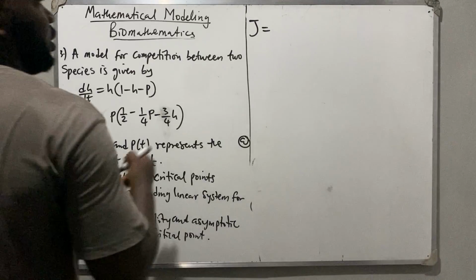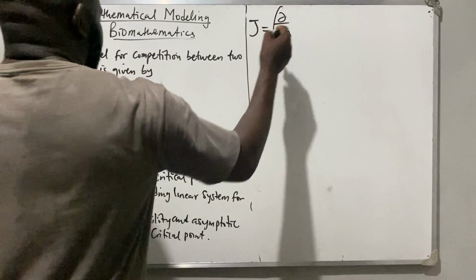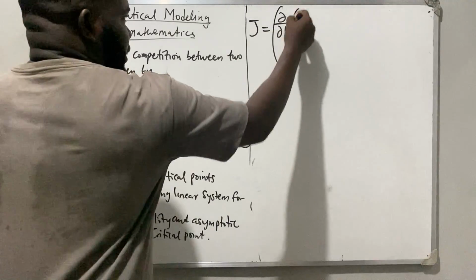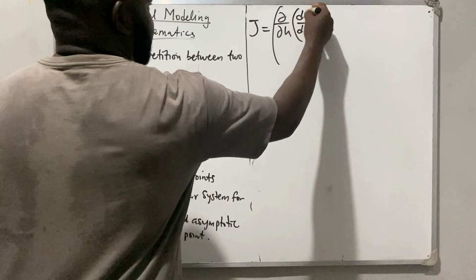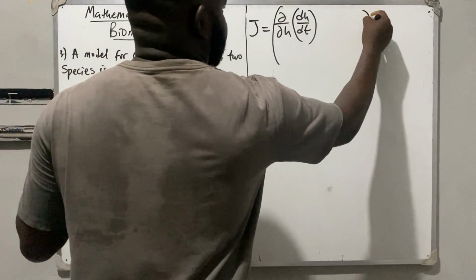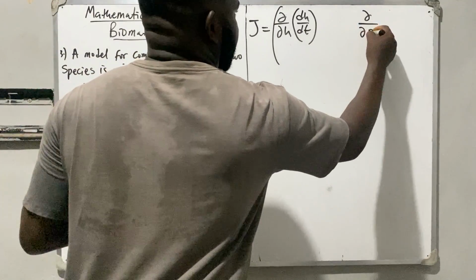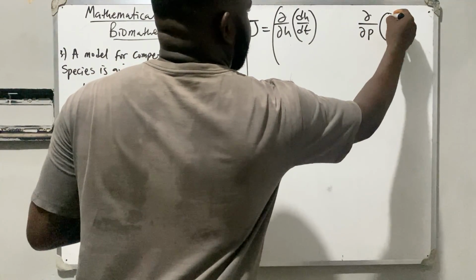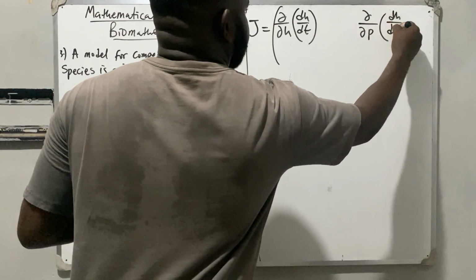If you remember, the formula will now be partial h. We are differentiating the dh/dt. Now the same thing again, but with respect to p: partial p, and it's the same thing we are differentiating, dh/dt.